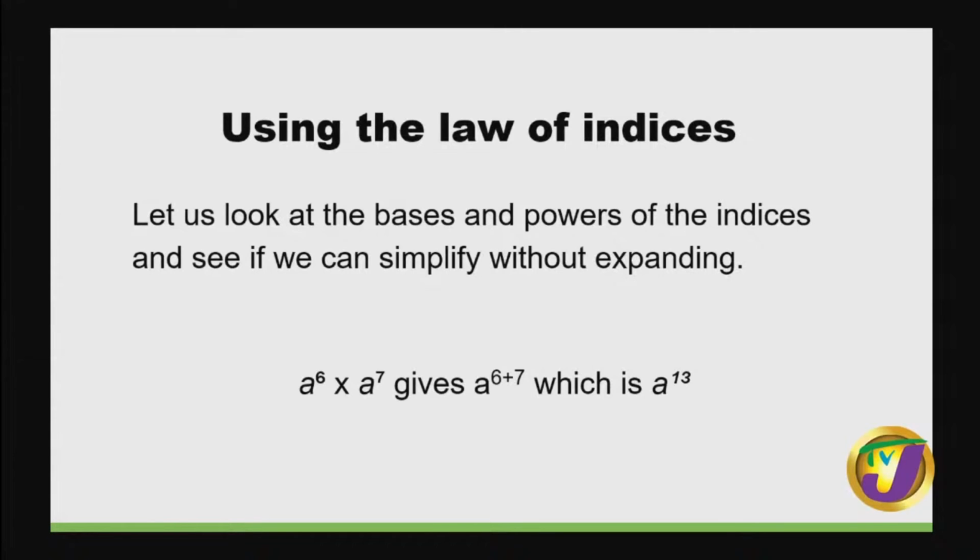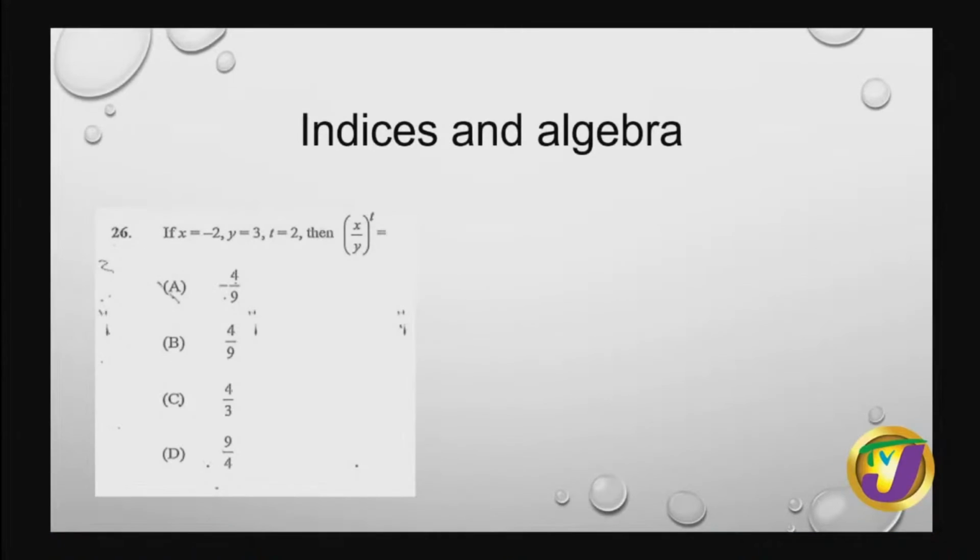All right. So our first question here, guys. If X equals -2, Y equals 3, T is equal to 2, then X over Y, all raised to the T power. What is the value for that?